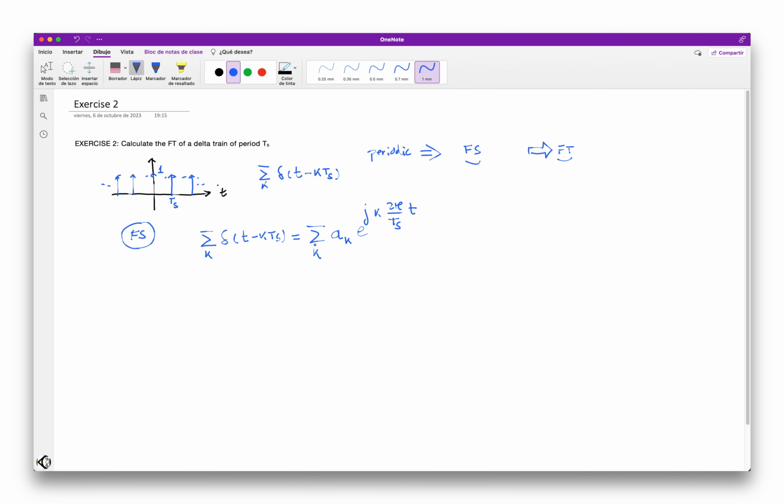This is the Fourier series. And all we have to do is calculate the coefficients a sub k.